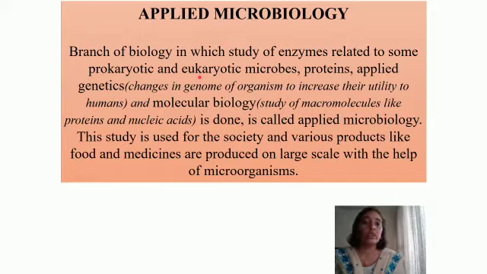So single-celled organisms like bacteria, which do not have a well-defined nucleus, are prokaryotic, whereas those which are having a well-defined nucleus, nuclear membrane, and all other cell organelles fall into the category of eukaryotic cells, like plant cells, animal cells, fungi, protozoan cells. All these are included in eukaryotic cells.